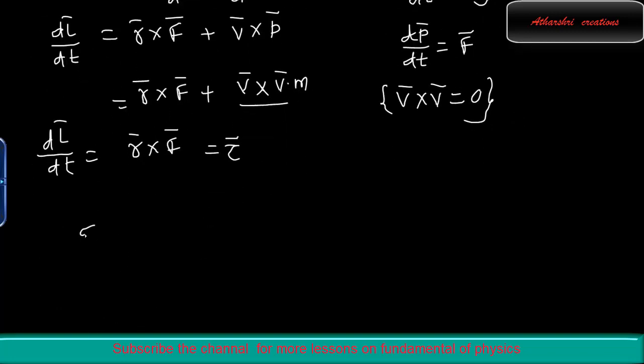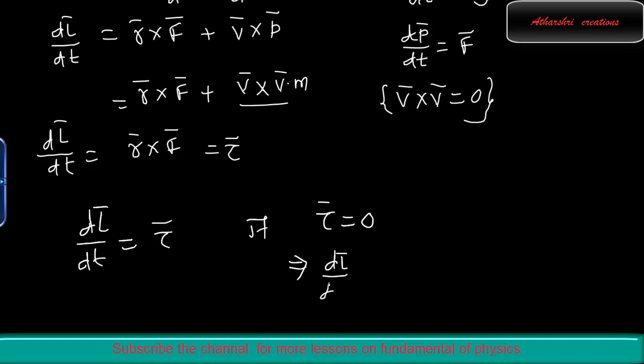Now see, the derivative of angular momentum is equal to the torque acting on the body. Now if this torque is 0, that is, the external torque acting on the body is 0, this derivative dL by dt is 0, which implies that L is equal to constant.